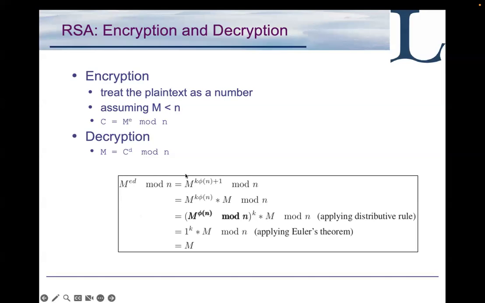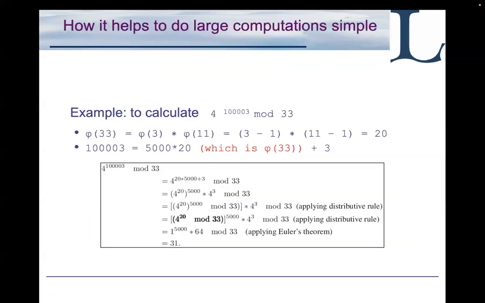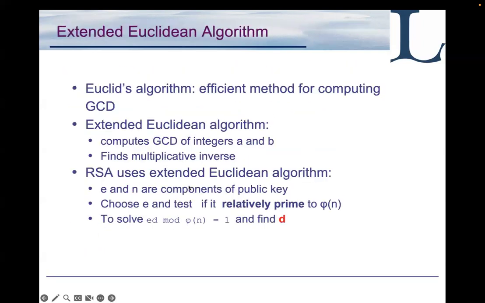And here is a sketch of a proof. What is happening? This M to the power of E D is the decryption procedure. You first encrypted with E, and then you decrypt with D. Now let's see that it boils down to M. It follows exactly the same principle, as we did here, when you study this subject at home. You take the exponent and do the simplification steps.